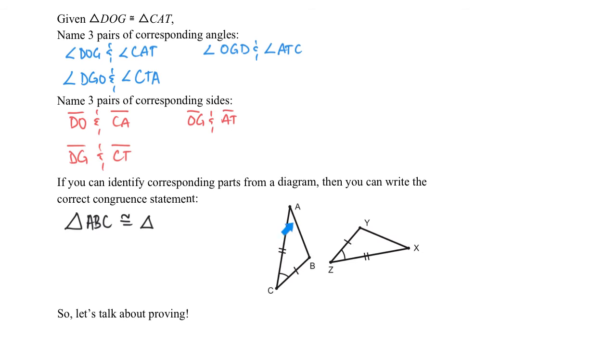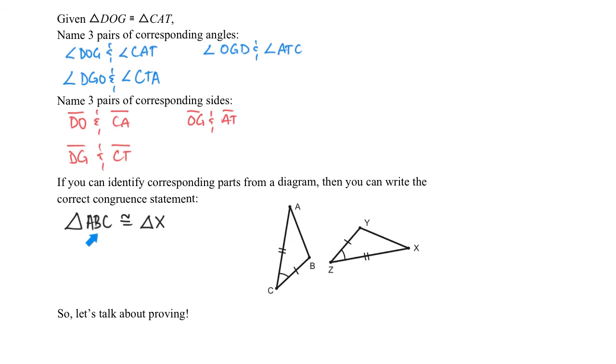So if I look at this, A doesn't have any markings, but the way I look at it is, okay, if I start at the angle that is marked and I go across the segment that has two congruence marks on it, then I get to A. So if I start at the angle that's marked, and I go across the segment that has two congruence marks, that leads me to X. So that means that X corresponds to A.